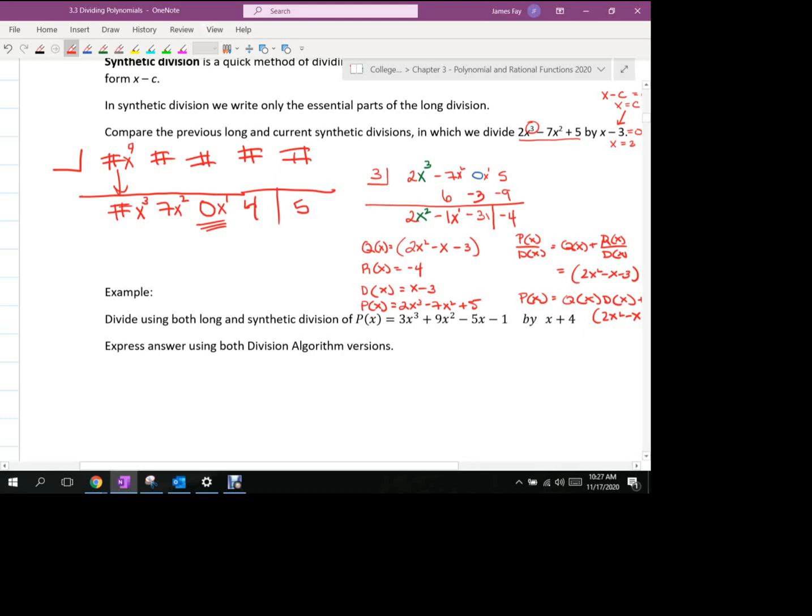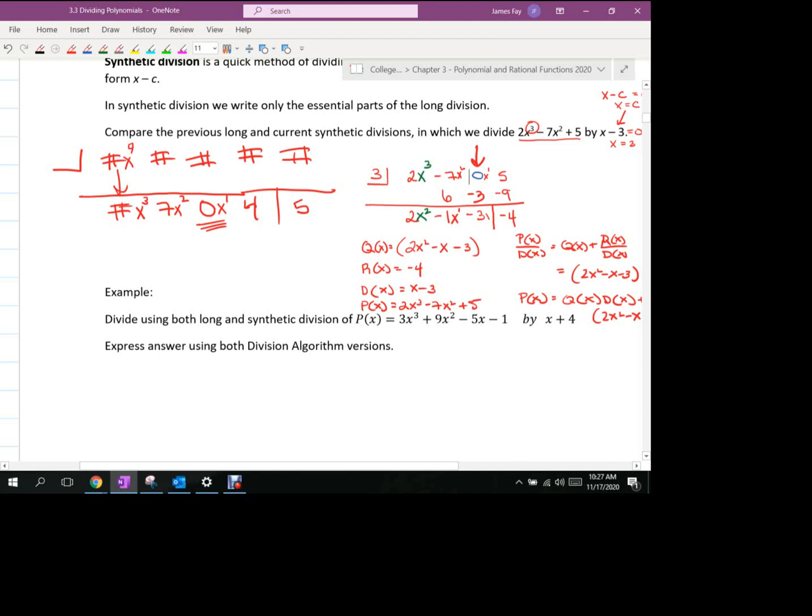But if you don't put these zeros in, like we did right there, think about this. You would have put this -3 underneath a 5, and you're going to get the incorrect results. So we need to have placeholders when we're doing this.